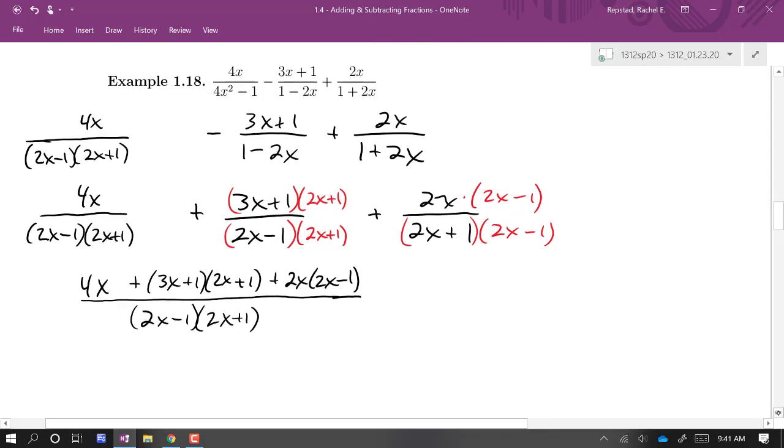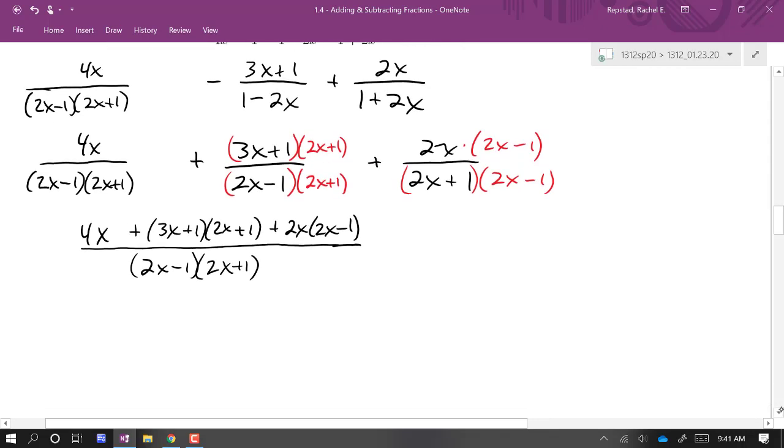Where do we go from here? What's next? You just combine the top, or multiply the 3x plus, yeah, good. So we're going to FOIL that out, or expand it, multiply it out.